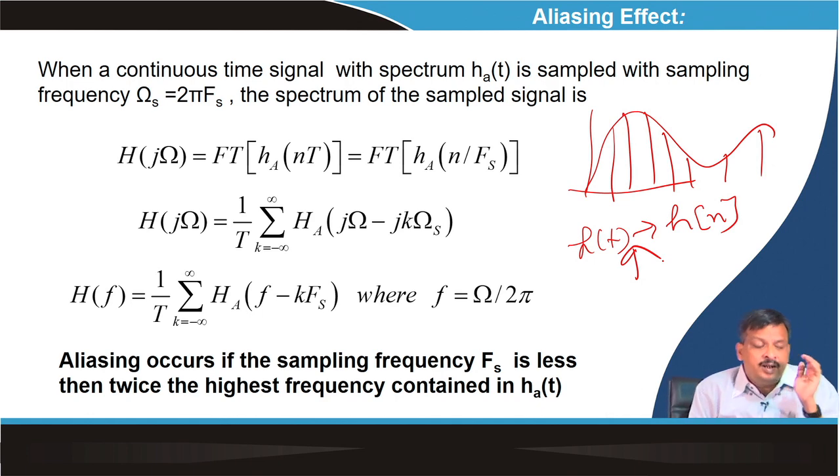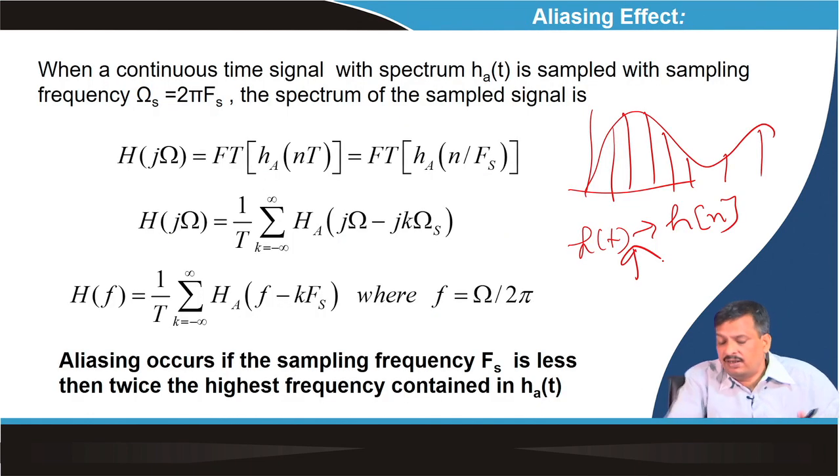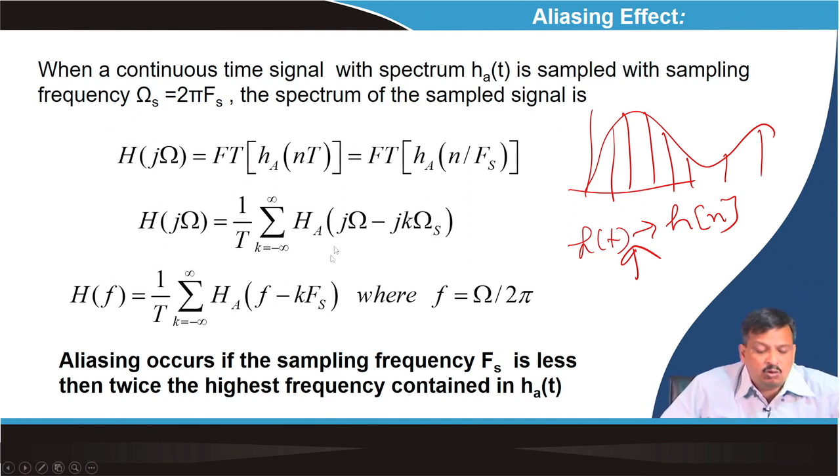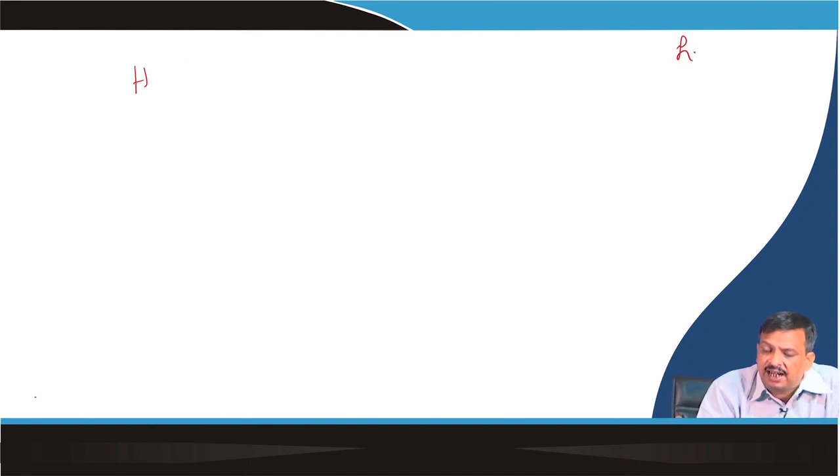Now let's say, I draw it, then it will be better than showing you the slide. Let's say I have a signal HAT whose frequency response H omega looks like this.